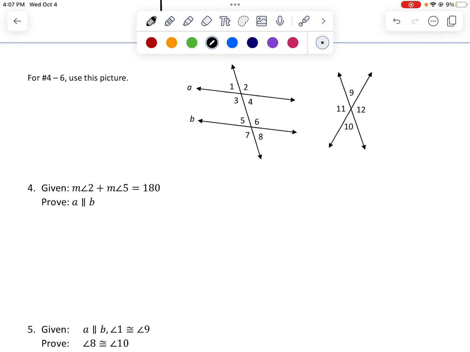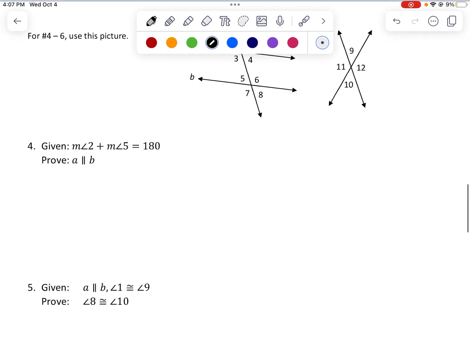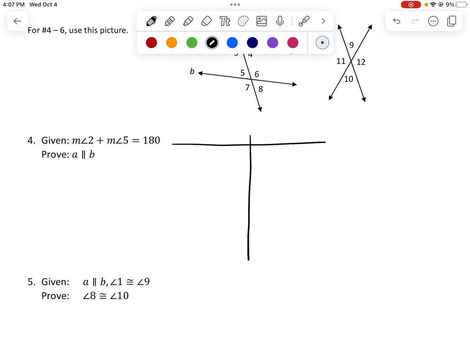Let's jump to the first one. So again, I'm going to set up my proof quick. Starting with the given, we have the measure of angle 2 plus the measure of angle 5 is equal to 180.